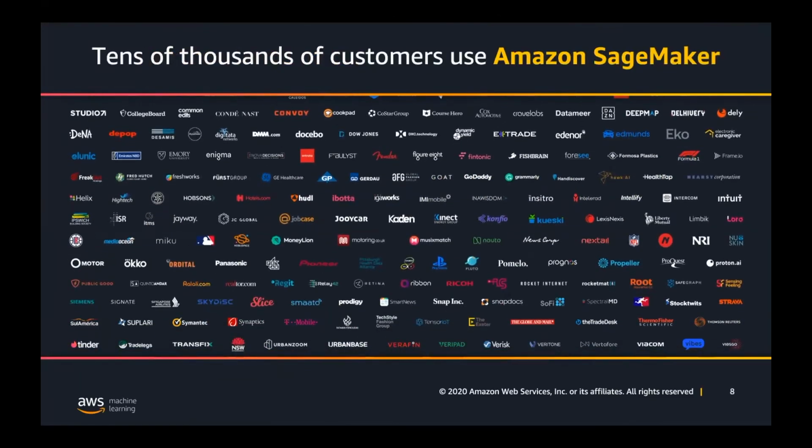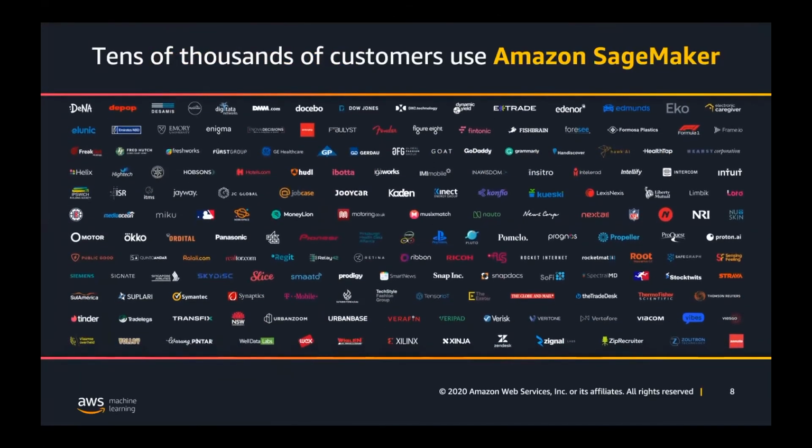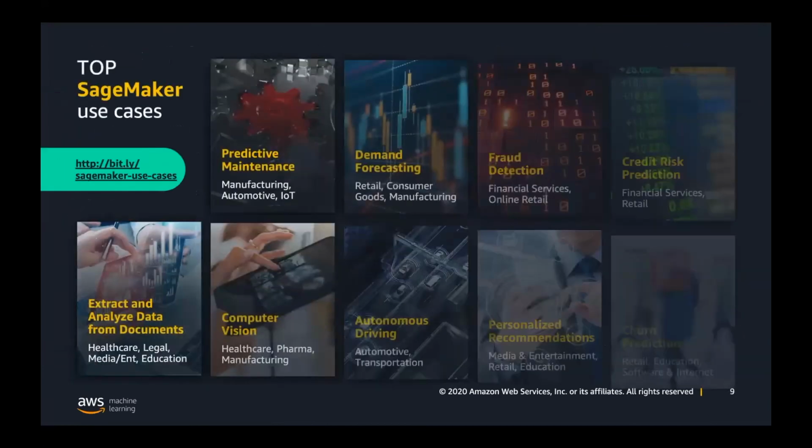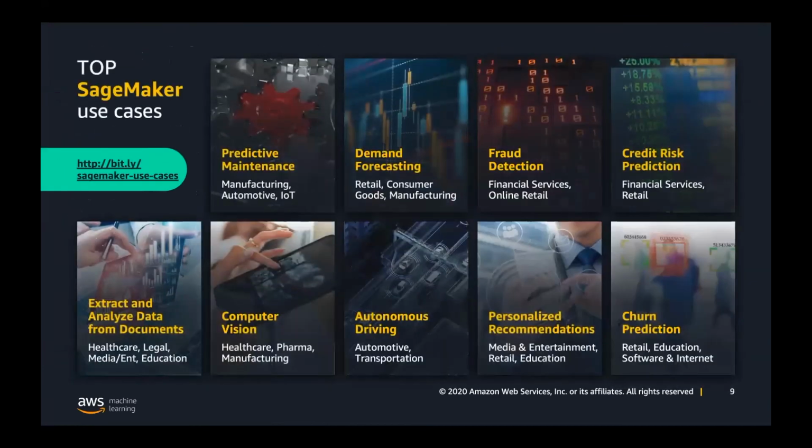Today, there are tens of thousands of customers using SageMaker, and we have thousands who have standardized their machine learning workflow on top of SageMaker. I'm not going to call out many of them, but later I will touch on one customer that has a really cool use case on SageMaker. So, the top SageMaker use cases.